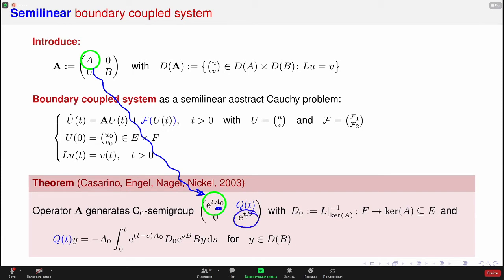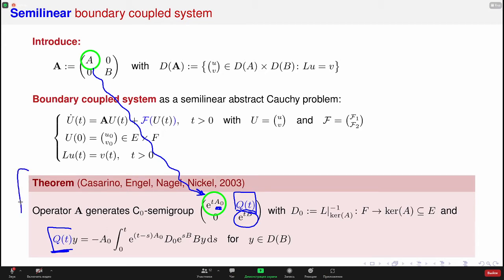Here, the semigroup generated by B is okay, and this Q of D, this blue one, is defined here. Now in the talk, this form is not really important. In the proof, of course, this form was very important. Therefore, I wrote this on the slide.